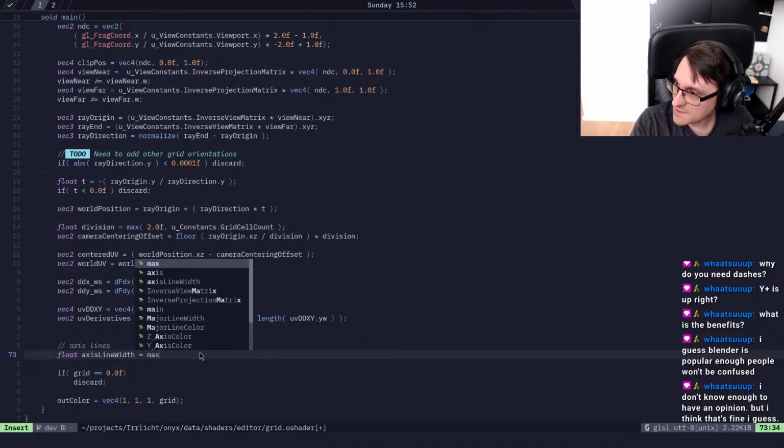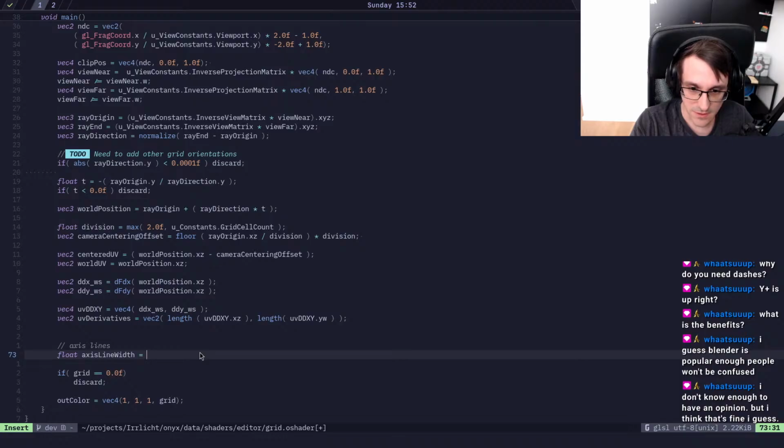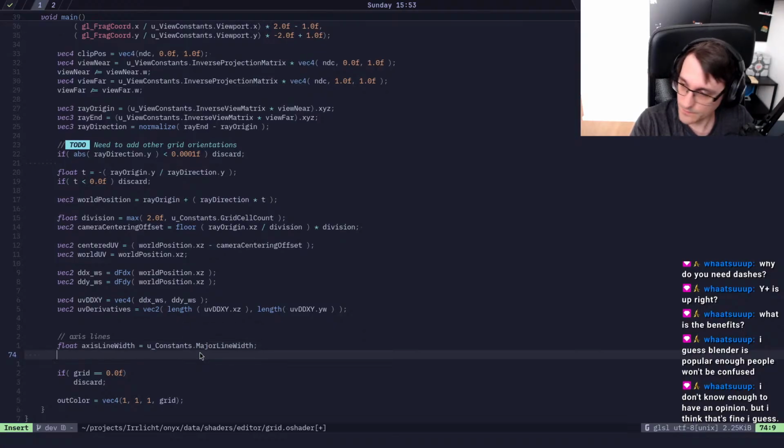Is our max between... or let's do just our axis line width, right? Major line width, thank you.